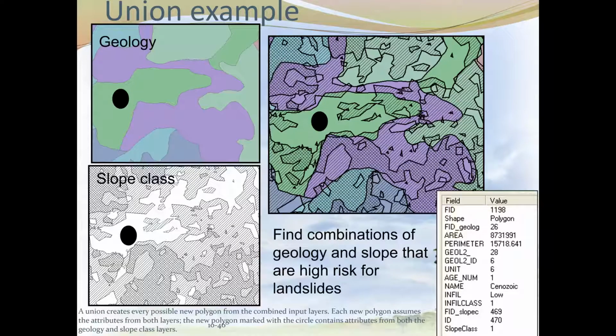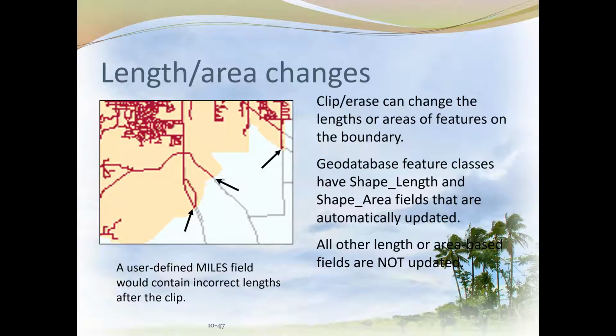In the landslide hazard example, we might have extracted the shale in high slope areas and done an intersect to show where the high hazard areas exist. So the hazard is either there or not there. With a union, though, we are able to analyze different combinations of geology and slope to assess potential impacts on slope stability.